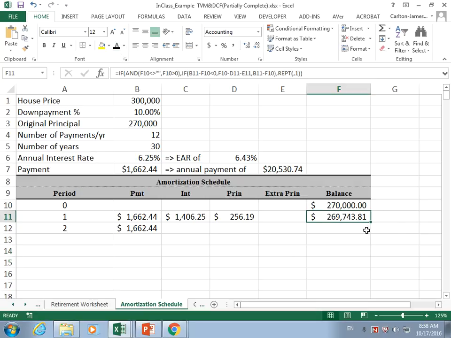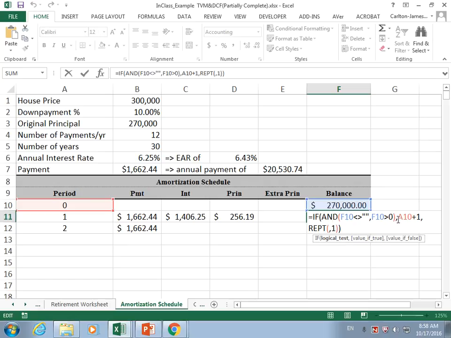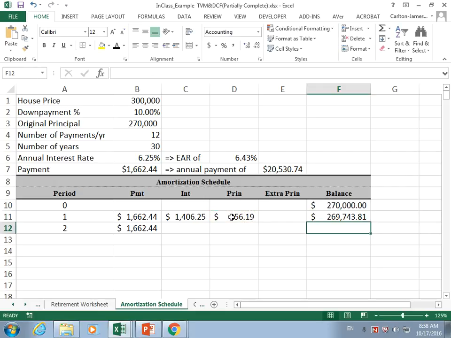I'll just put this here and adjust that. Okay. So we're just going to adjust this here. If the balance last year was positive, then it's simply going to be equal to this guy minus this guy here.